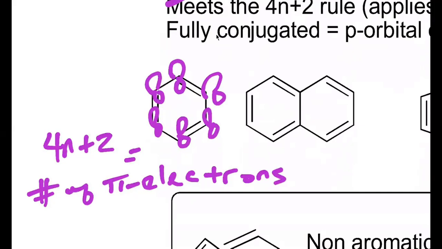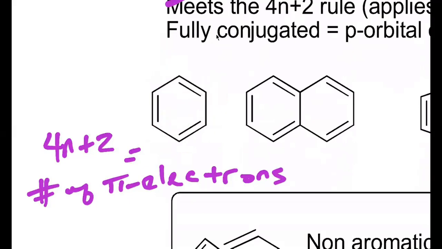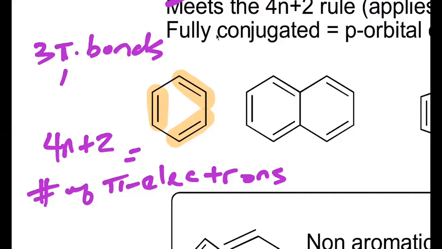All right. So how many pi electrons are in benzene? 6. That's exactly right. Each pi bond, not double bond, each pi bond has 2 pi electrons in it. And so you've got 3 pi bonds and 2 electrons in each one.